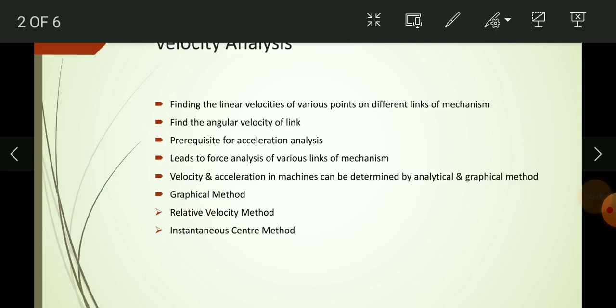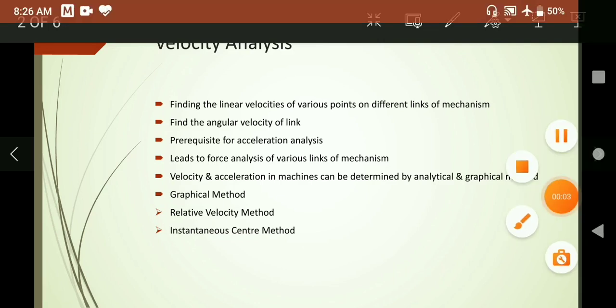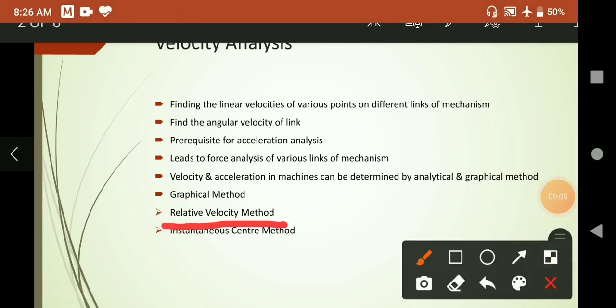studying this method. In the relative velocity method, we take each link of a mechanism at a time. We find the velocity of a point on the link with respect to, or relative to, another point on the same link.